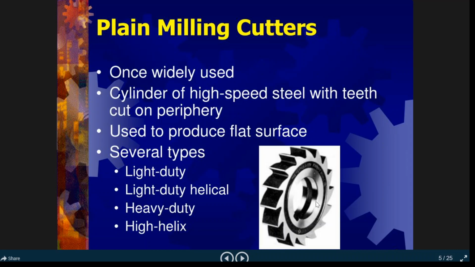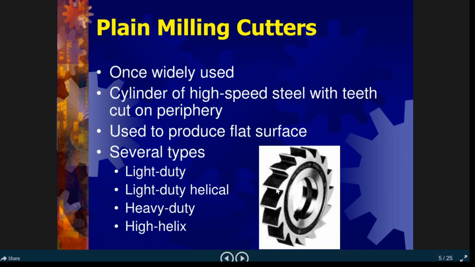This is the face. In some cutters, the cutting edges are parallel to the axis of the cutter. This is the axis of the cutter. In some plain milling cutters the cutting edges are parallel, and in some other cutters the cutting edges are inclined, just like a helical shape.